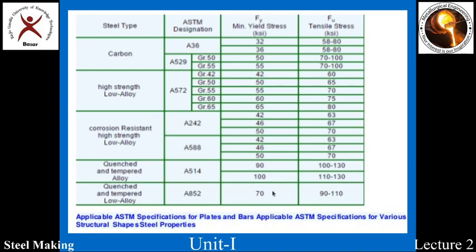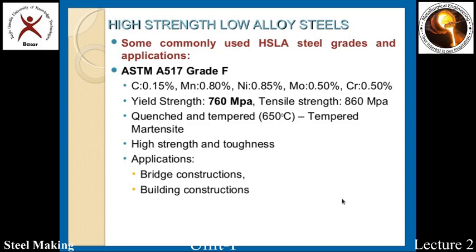It means the yield strength is around 70 kilo, around 70 megapascal, and ultimate tensile strength is 19 to 110. And coming to the high strength low alloy steels, a commonly used steel alloy is A517 grade F. The composition, as well as its name, suggests that it is a low alloy steel: nickel is 0.85, manganese, molybdenum is 0.5 and chromium 0.5.